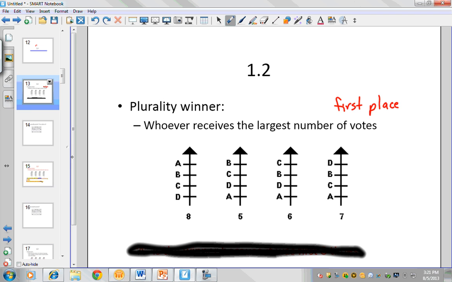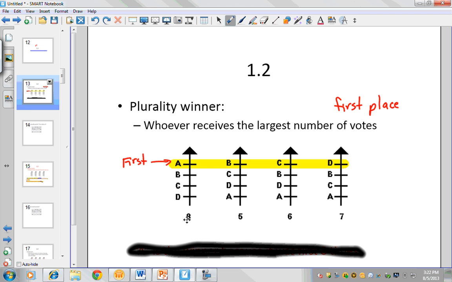Now if you remember this preference schedule, first place is always going to be the first row of the preference schedule. So let's just highlight that to show that we are only dealing with the very first place row. And now also look at the numbers down below because these numbers are very important.